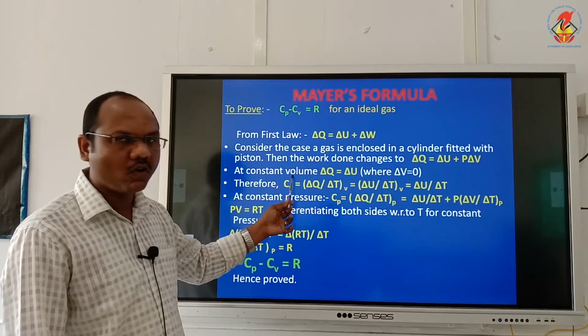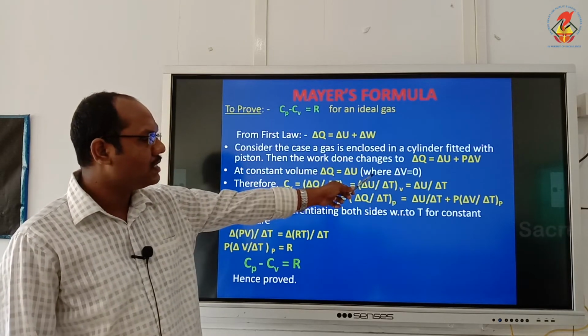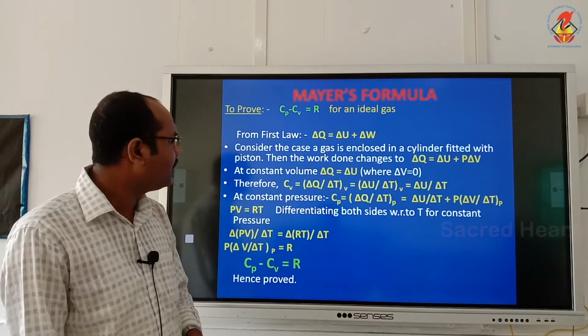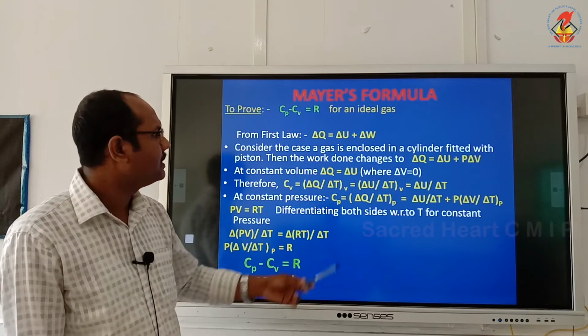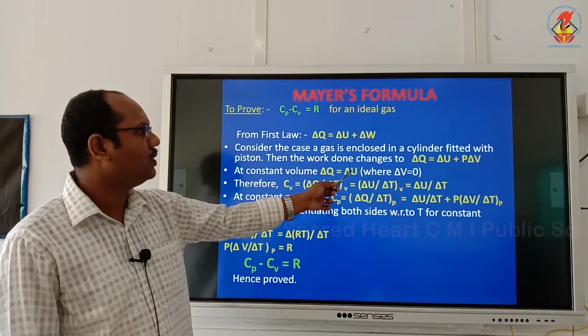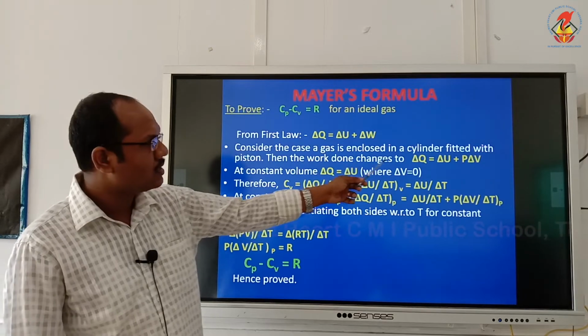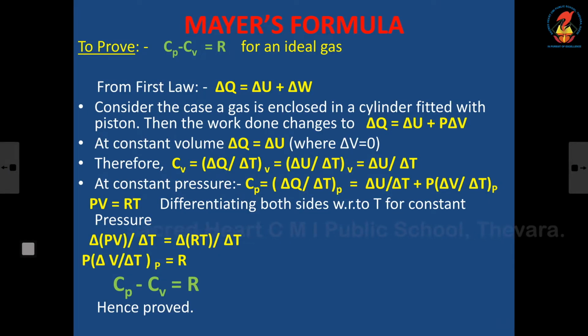At constant volume delta V is 0, so what can I write? Delta Q is equal to delta U, because delta V is 0, so this quantity becomes 0. Therefore, delta Q is equal to delta U.